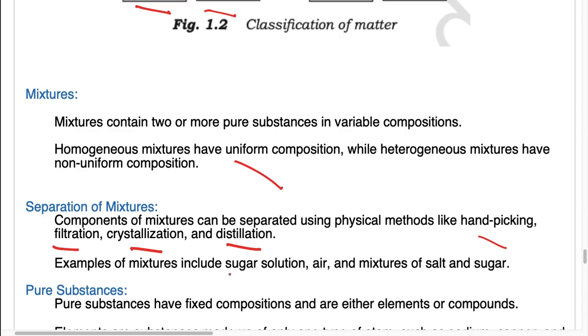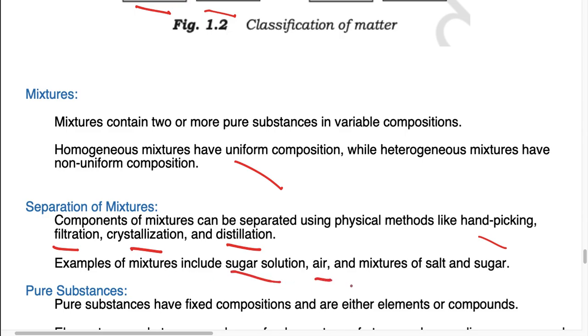Examples of mixtures include sugar solution, air, and a mixture of salt and sugar. A sugar solution is an example of a mixture, and so is air, because we know that air is made of many components.